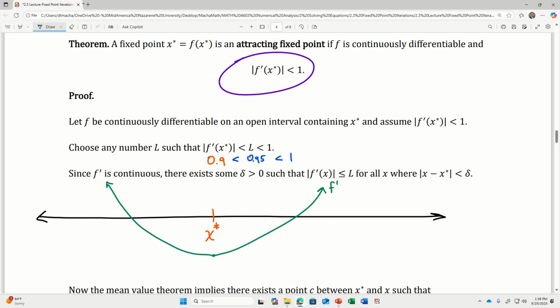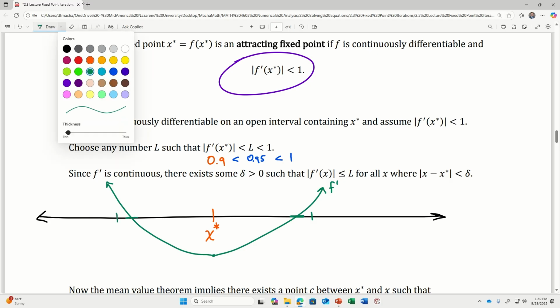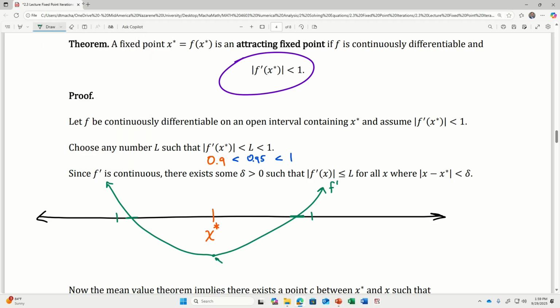And let's say this is a value of the derivative equal to 1. So we've already decided that the value of this derivative is less than 1 here, like maybe it's 0.9. Well, it's a continuous function, so it can't immediately jump up and be greater than 1. It has to slowly, eventually cross this threshold where it becomes greater than 1.